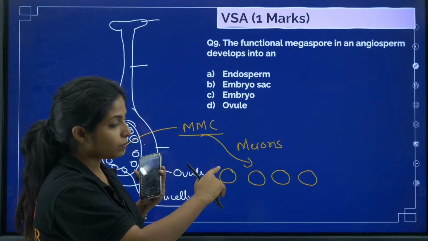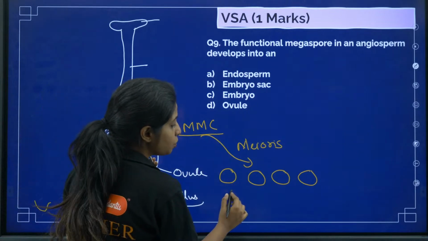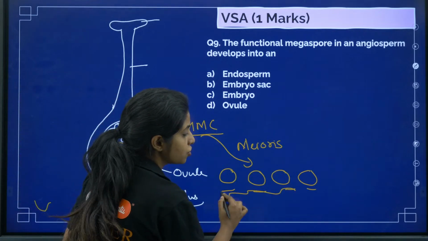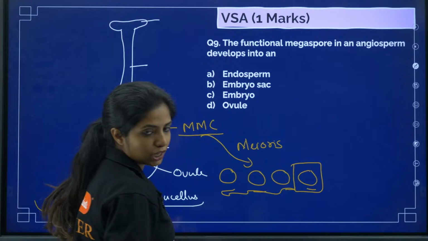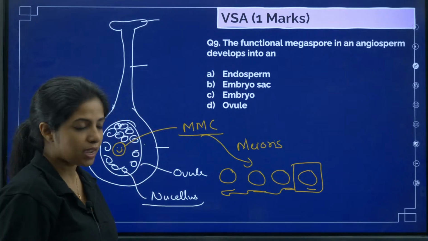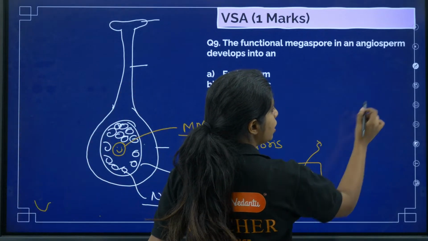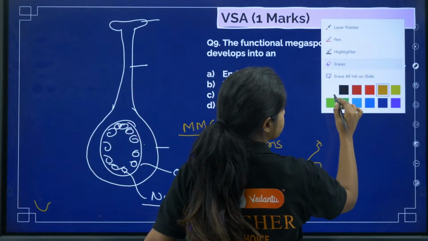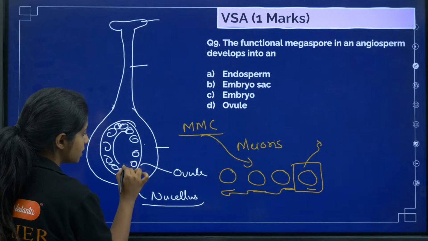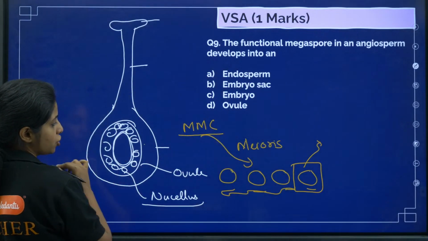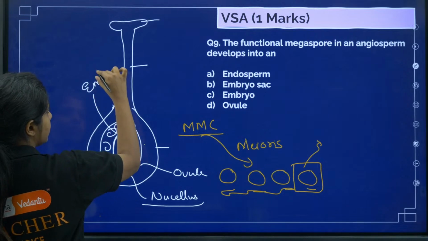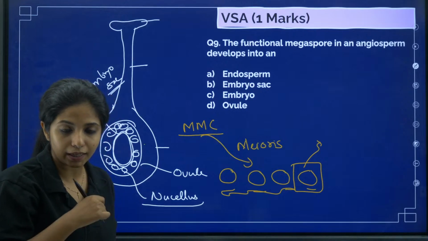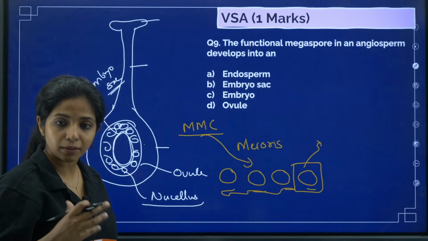That means 4 pollen grains there. But over here, 4 megaspores are made, and 3 of them are not functional; only 1 is functional. This is known as the functional megaspore. It will form the embryo sac, a new structure, and the embryo sac will have the female gamete, just like how the pollen grains had the male gamete.